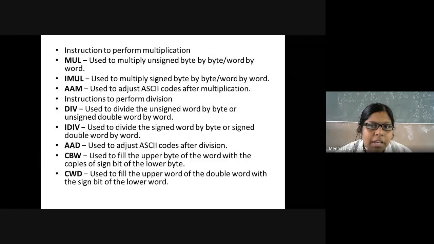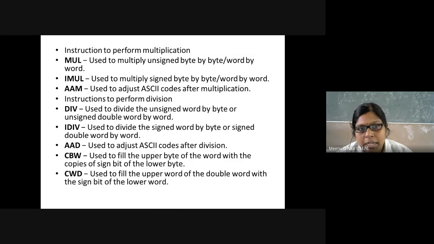Next, we are going to see the instructions used for multiplication. MUL means multiplication of unsigned byte by byte or word by word.